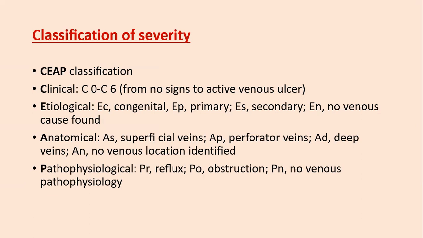EC is congenital, EP is primary, ES is secondary, EN is no venous cause. Then A is for anatomical, that is if superficial veins are involved, perforators are involved, deep veins are involved, and no venous location identified. And P is for pathophysiological. That is, if there is a reflux, there is an obstruction, there is no venous pathophysiology.